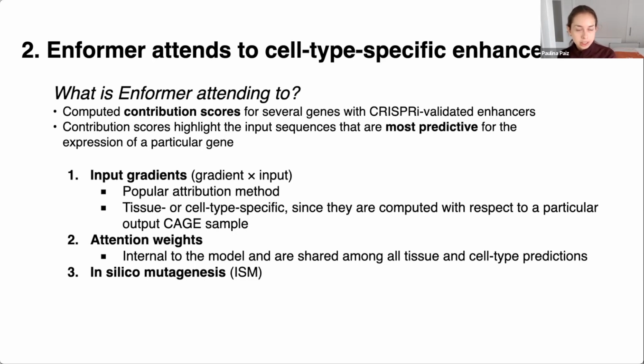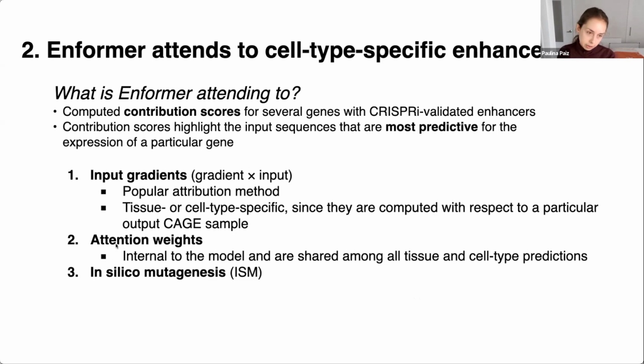And the way they computed contribution scores is through input gradients, which apparently is very common. It's not only specific to transformer models, that's by taking the gradient with respect to the input. And this is tissue or cell type specific because input gradients are computed with respect to a particular output CAGE sample.